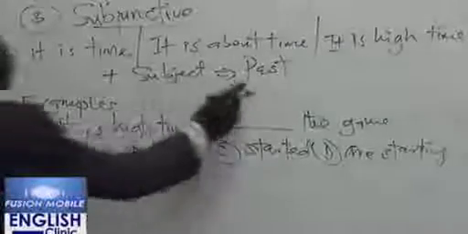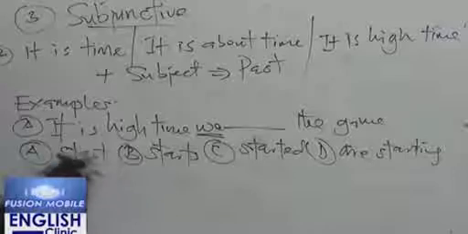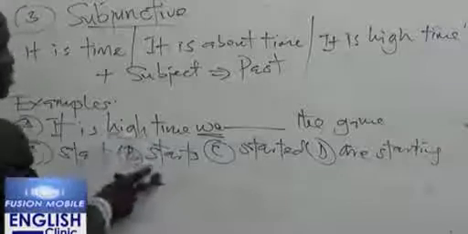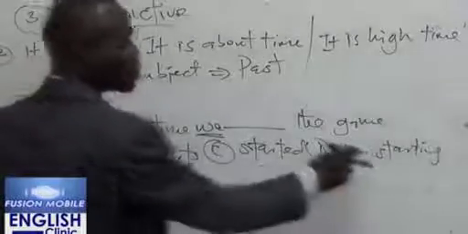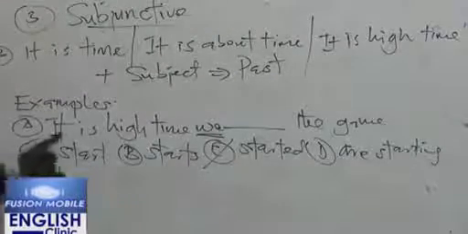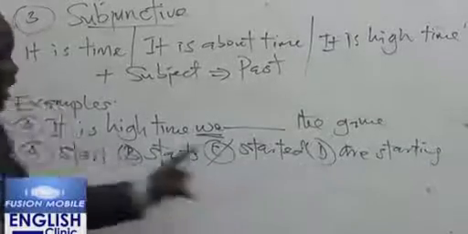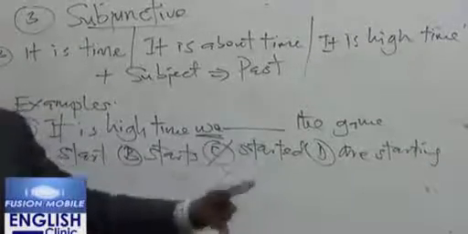So, the verb that must come here must be past tense. This is present tense, this is start, and this is started, and this is starting. So the right answer here is started. So we say, it is high time we started the game.